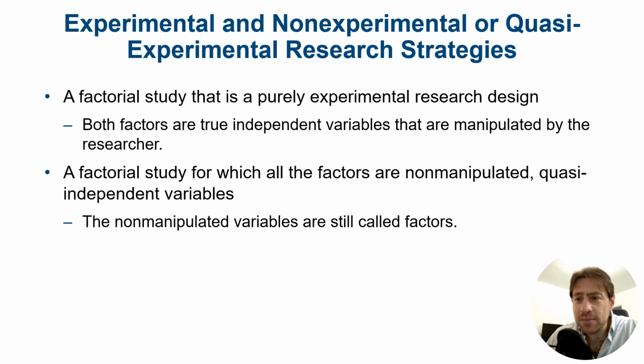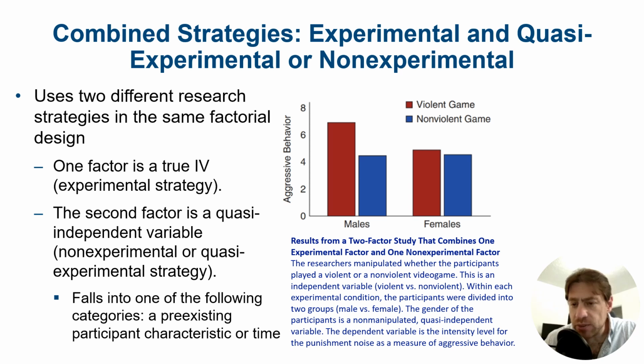And just like it's possible to combine between and within subjects factors into a mixed design, it is also possible to combine experimental, non-experimental, and quasi-experimental designs into what is called a combined strategy. So again, as we were just discussing, combined strategies will use perhaps an experimental strategy for one factor and a quasi or non-experimental strategy for the other factor.